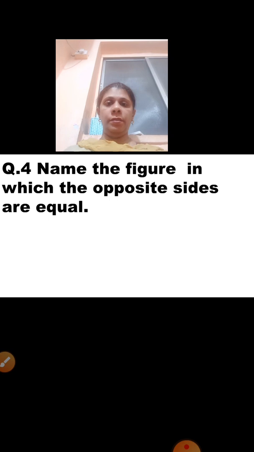Name the figure in which the opposite sides are equal. This teacher taught you. We did the shape in which the opposite sides are equal. Which shape is having its opposite sides equal?